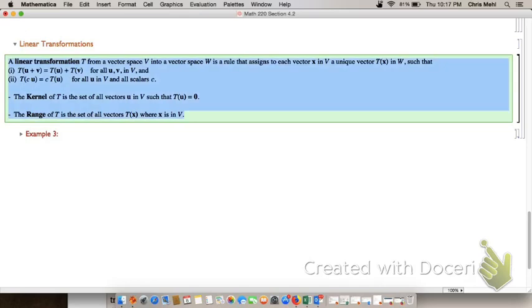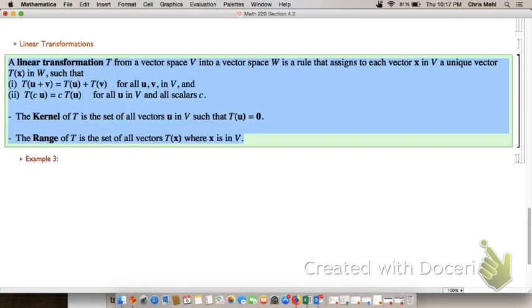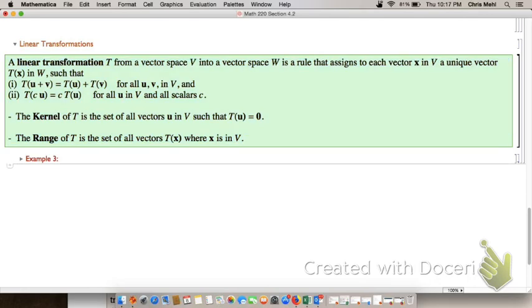A linear transformation T from a vector space V into a vector space W is a rule that assigns each vector x in V a unique vector T of x in W, and it has the same properties as before.